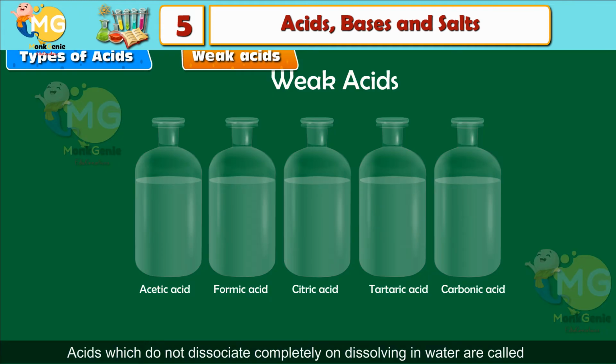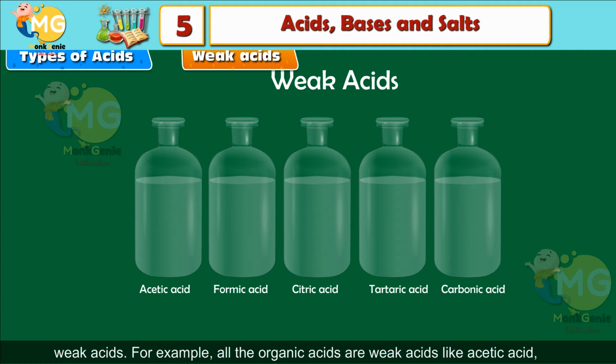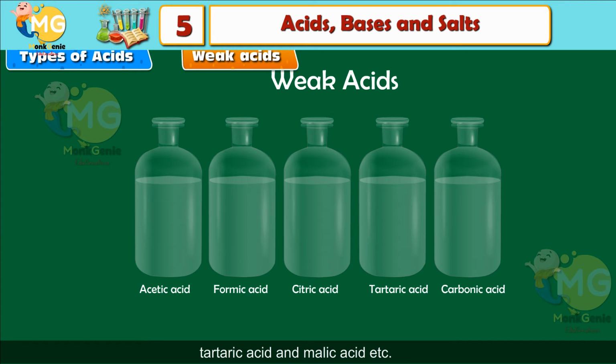Acids which do not dissociate completely on dissolving in water are called weak acids. For example, all the organic acids are weak acids, like acetic acid, tartaric acid and malic acid, etc.